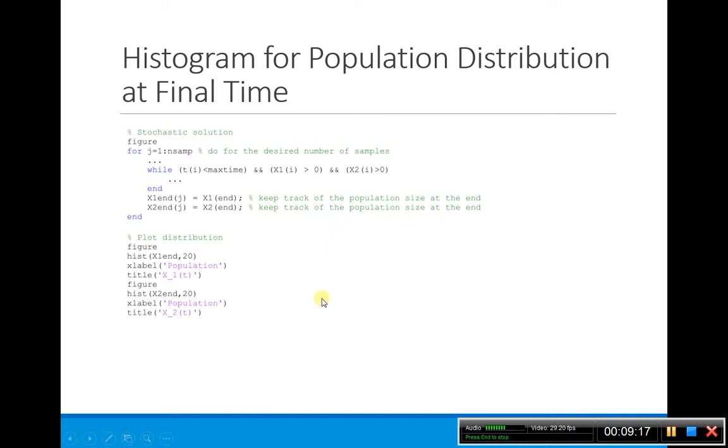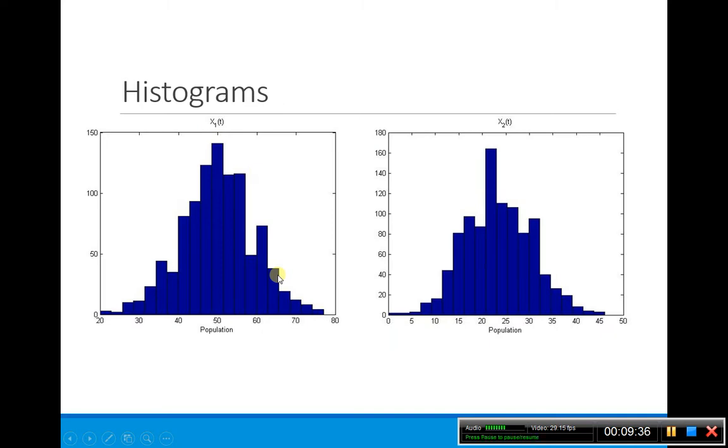So what we do instead is just do a histogram. Take that final time and keep track of what our population is at that final time when we're done. Keep track of both of these, and then just remember what we did early on, just draw a histogram for them.